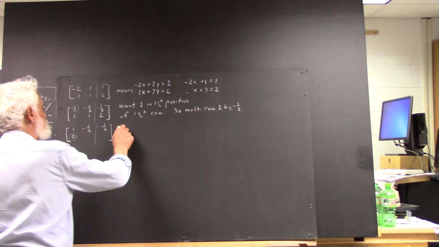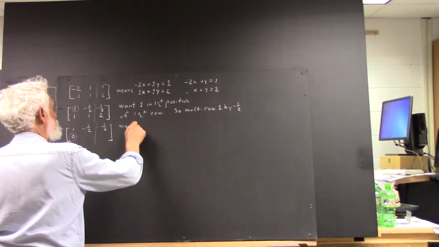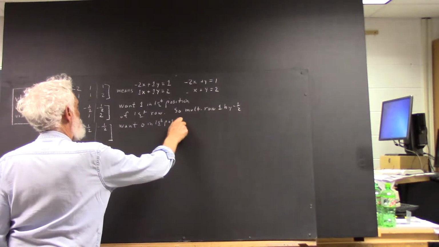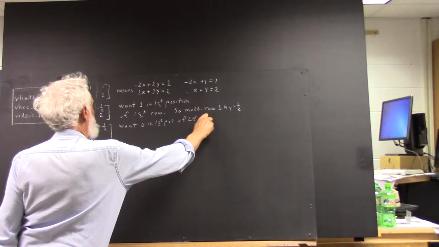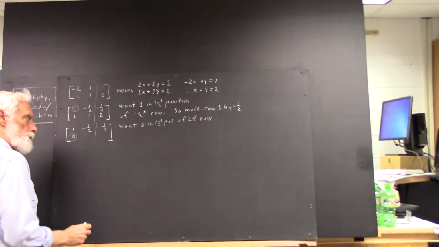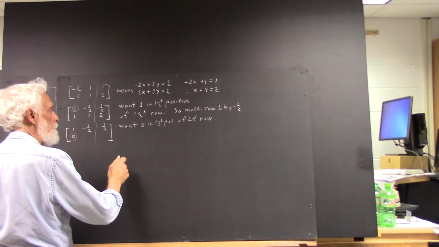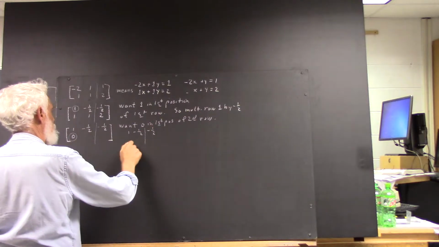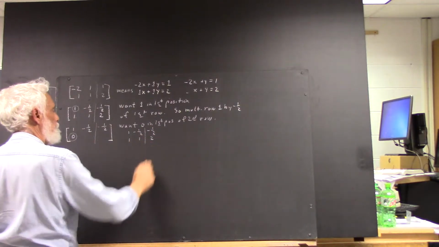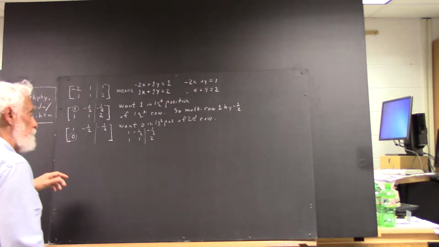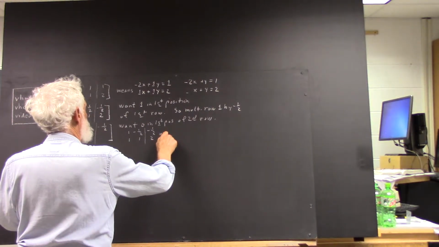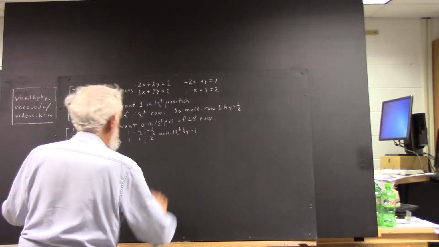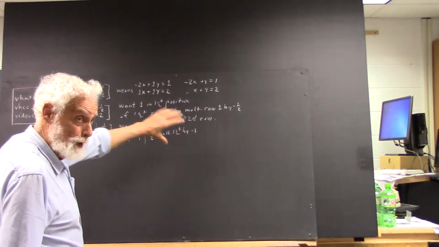So we want 0 in the first position of the second row. Okay? Our rows are 1, -1/2, -1/2, and 1, 1, 2. So I'm going to say we multiply the first row by -1. We want to do that off to the side someplace.